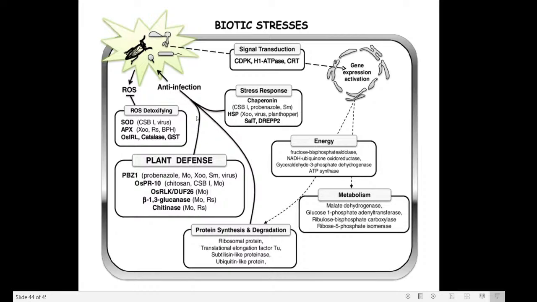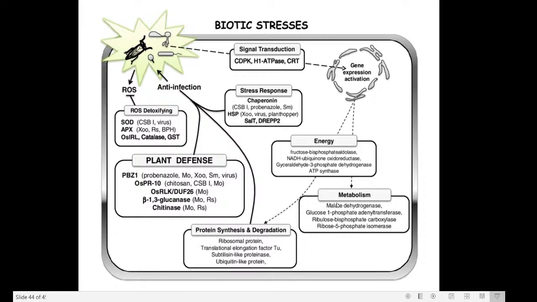So we want to produce the anti-infection. This anti-infection is a sequential process. You can see how it is produced. Once the stress signal enters, the transcription signals, CDPK, H+ ATPase and CRT, pass a signal to gene expression. That gene expression makes energy, activating some enzymes.